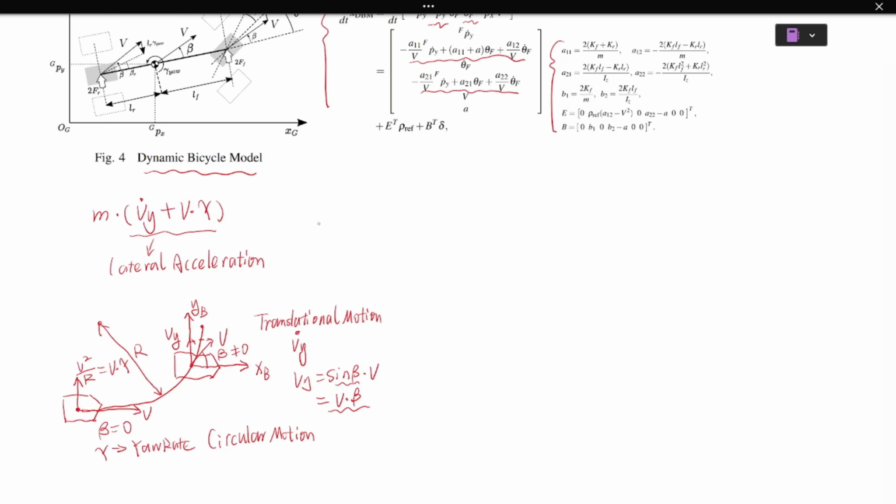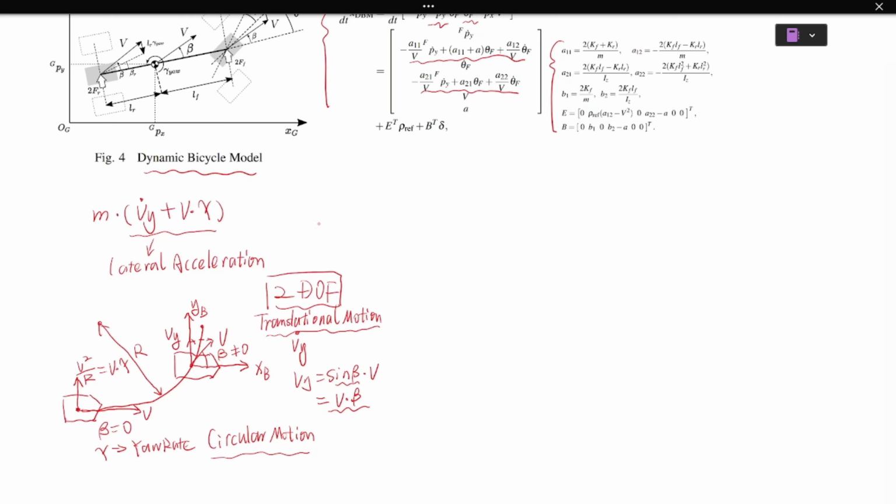And the total lateral acceleration equals the translational motion plus circular motion. This is Vy dot plus V times gamma. Actually, I have explained these equations in my previous episode. Please search 2DOF so you can find the detail of this equation.